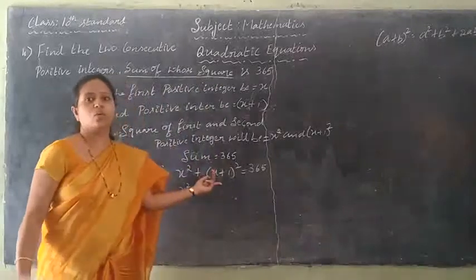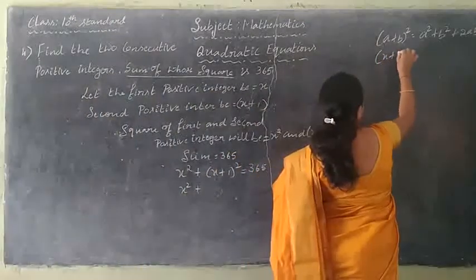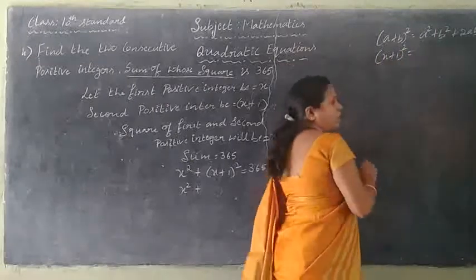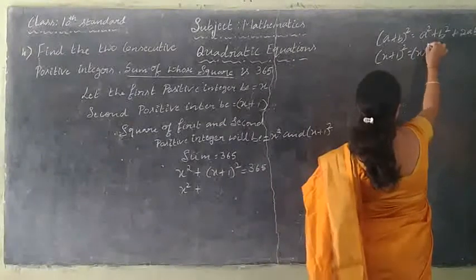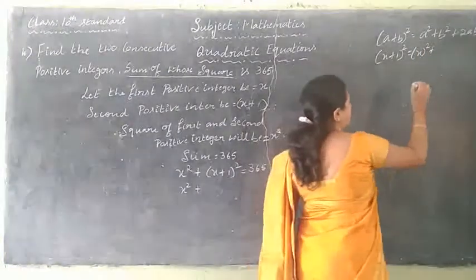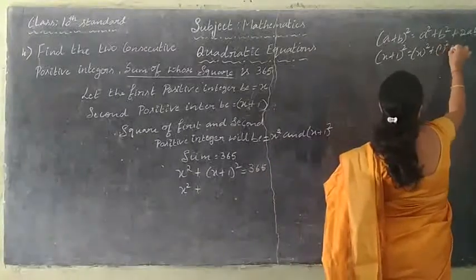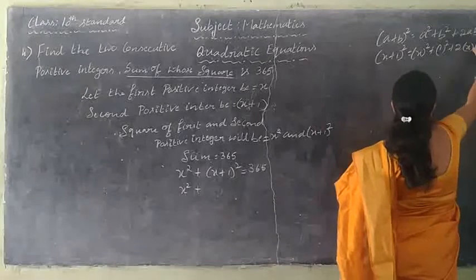Right. Here, (x plus 1) whole square is that. When you expand, what will you get? x square, b square, and this one we are going to consider as 1 square, plus 2 into a, and b is 1, children.